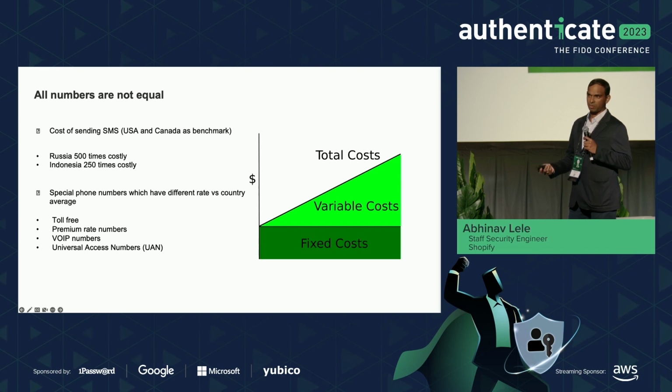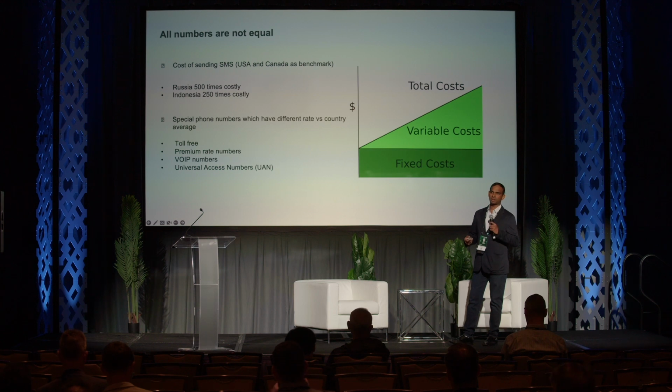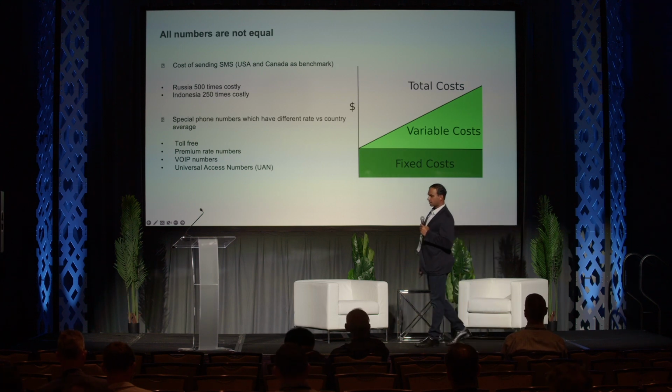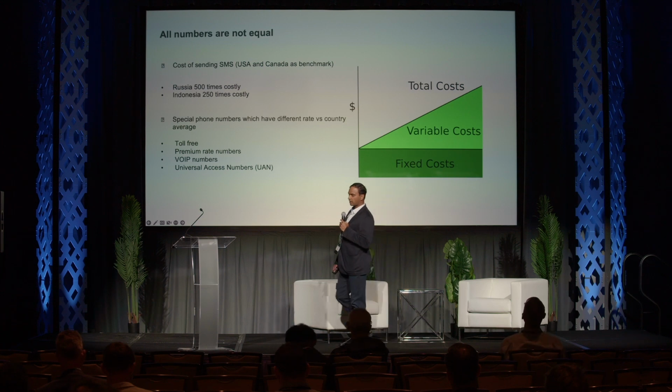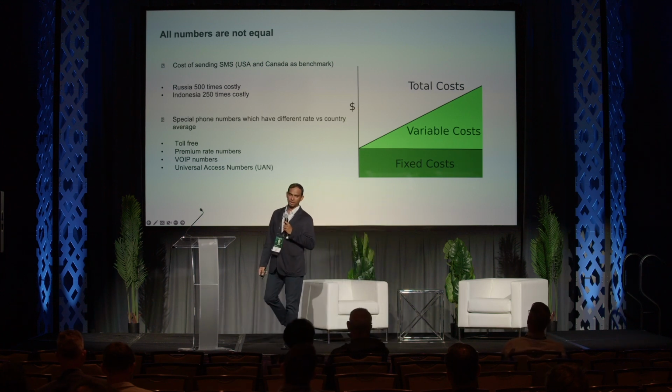And whether you get that much revenue back is always a product manager's decision. Like, yeah, we are spending $1,000 on SMS. Am I getting that revenue back? So that's a consideration that you should always know, that SMS cost is not the same across countries.